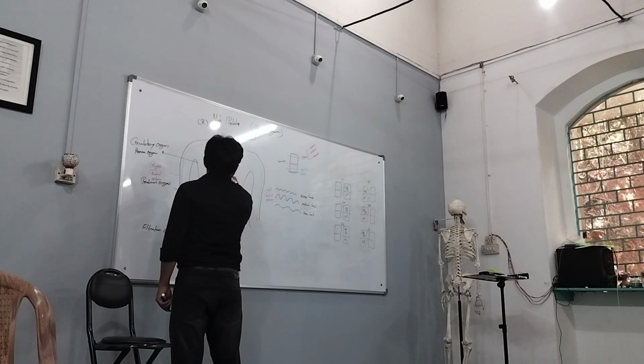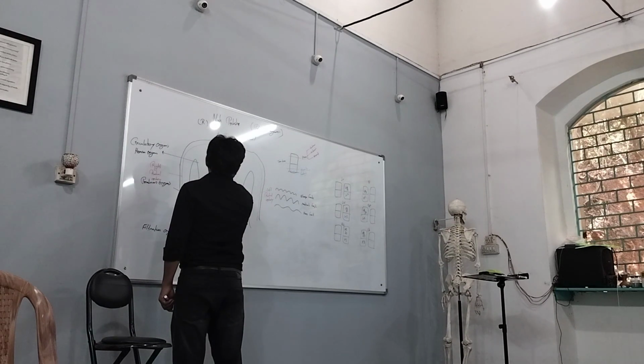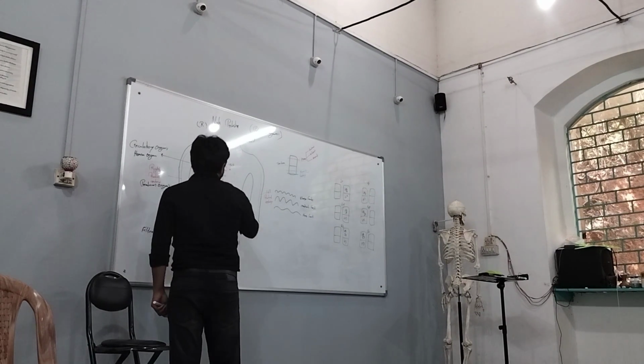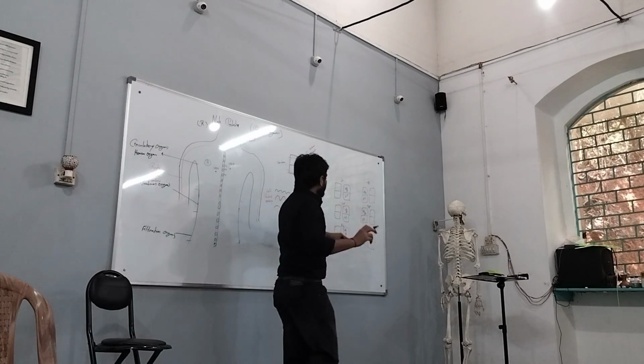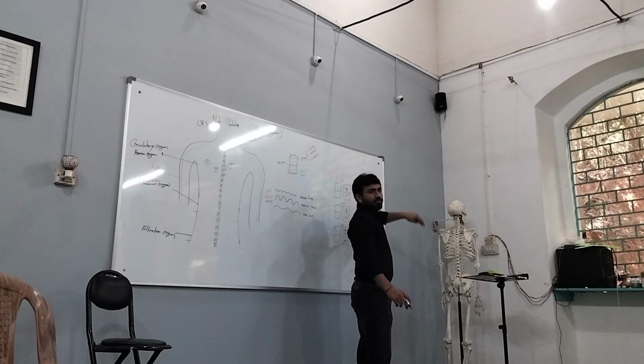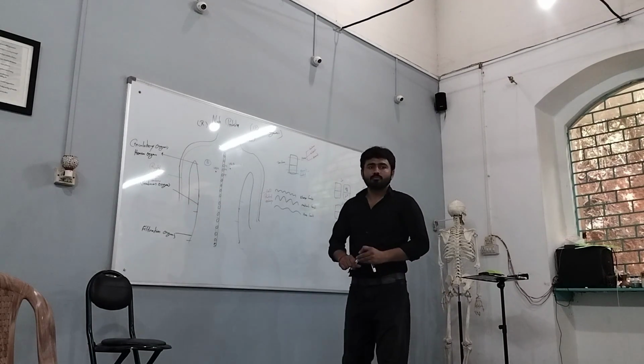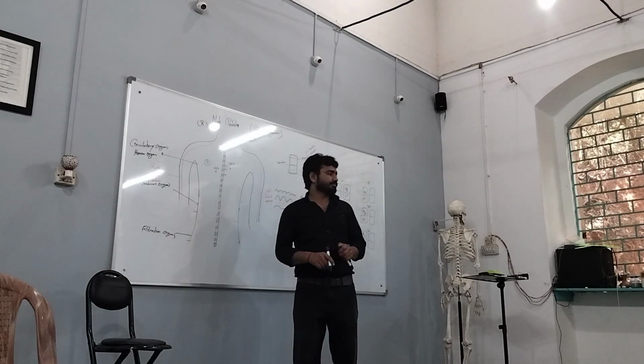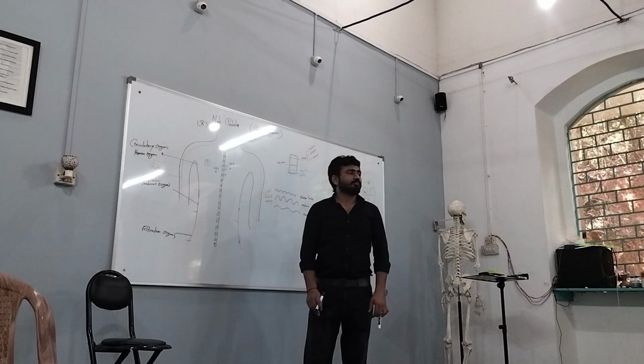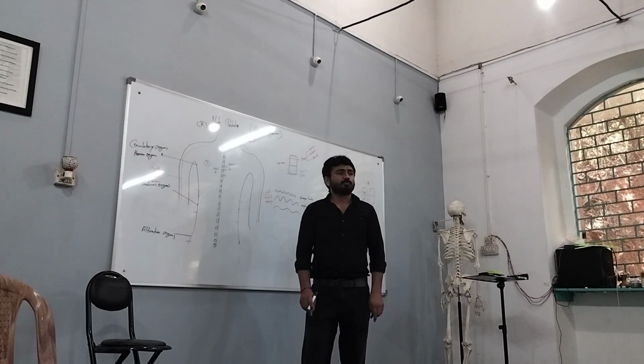Between T4 and T5, 1.5 tune on the left side here, it is called UB14. This is for your pericardium. Just write the point, pericardium we will discuss later. UB14.